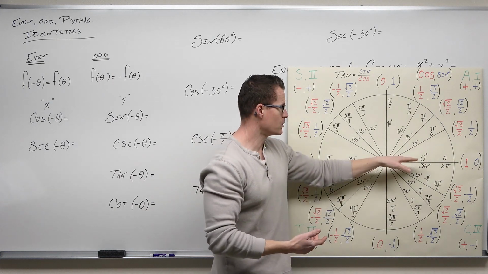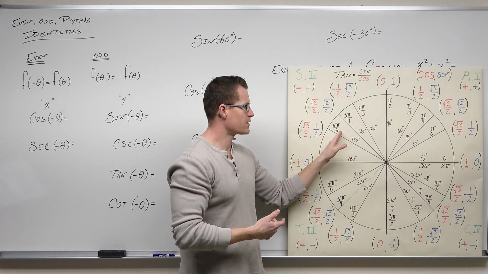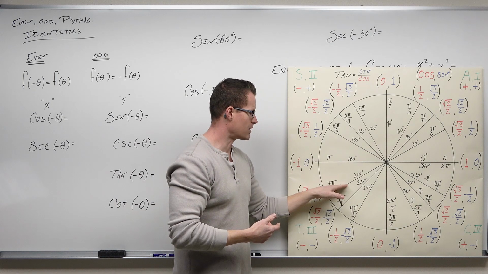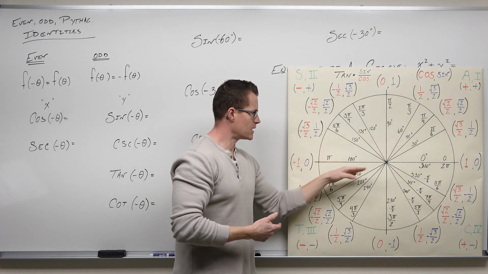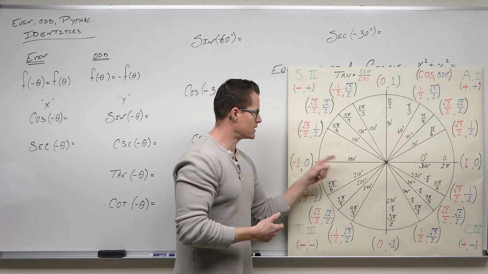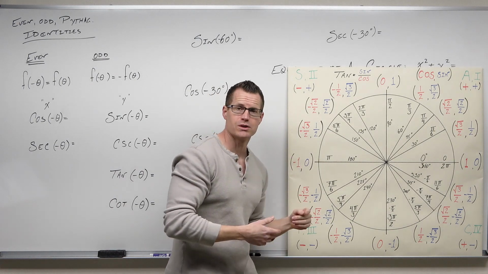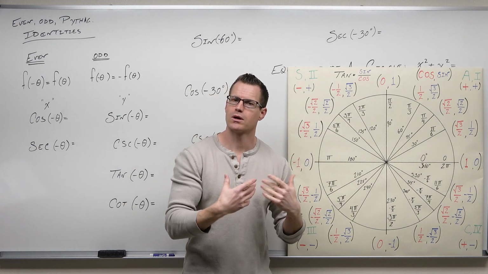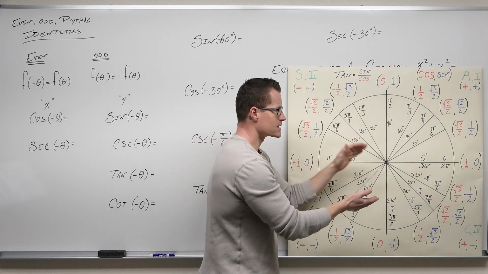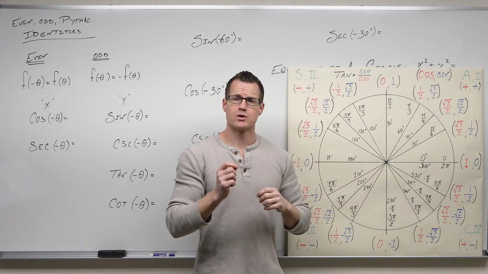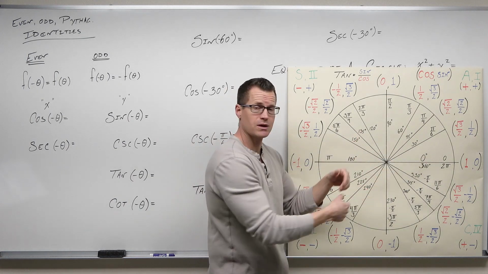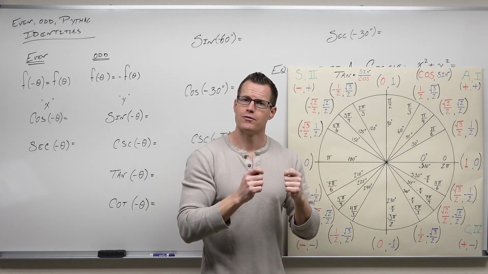That continues. We can go all the way to 5 pi over 6 and negative 5 pi over 6. That's opposite inputs giving us equal outputs for x, for cosine. So if we look at our x's, these opposite angles are always producing equal outputs.